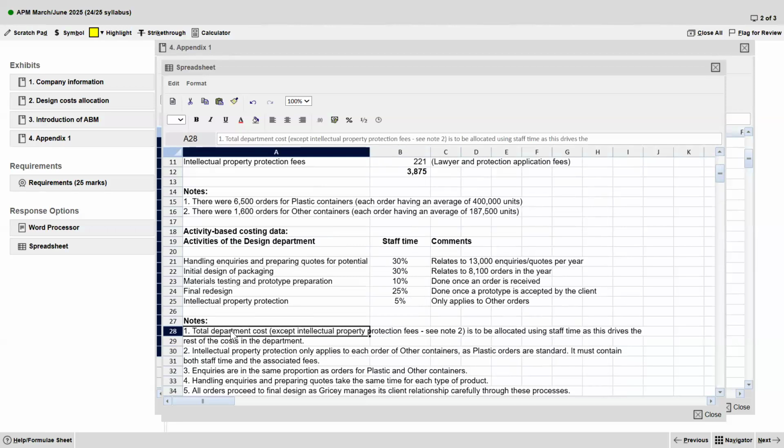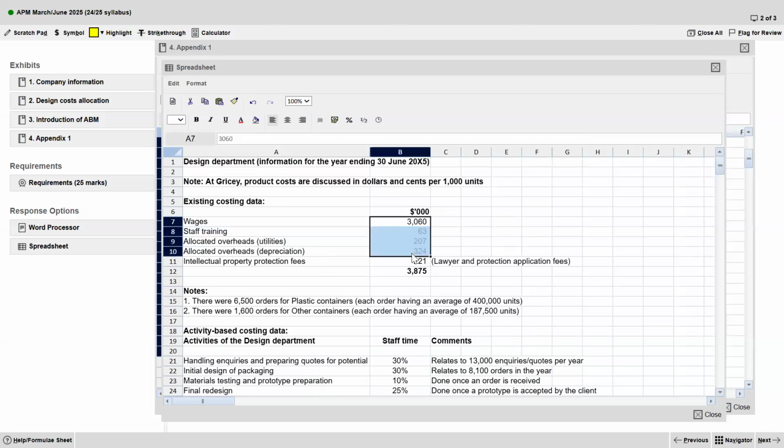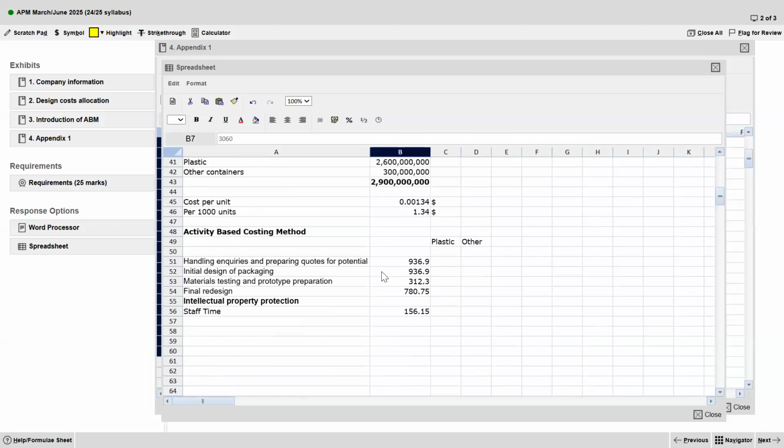There is one thing mentioned here. Total department costs, except the intellectual property protection fee, see note 2, are to be allocated using staff time, as this drives the rest of the costs in the department. Since we are using just wages and staff training, we have to use all of this except the intellectual property protection fee.